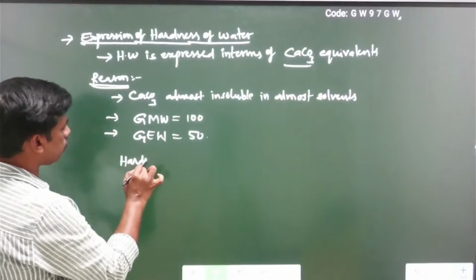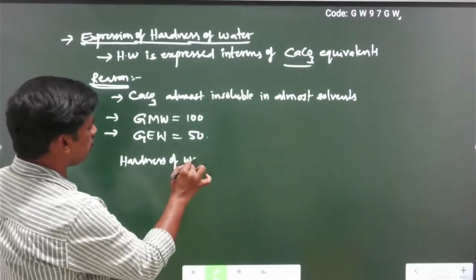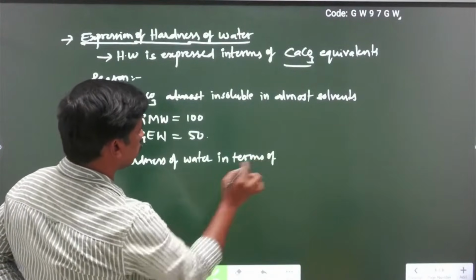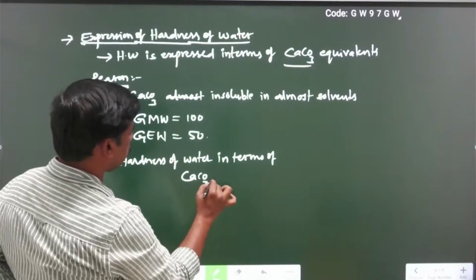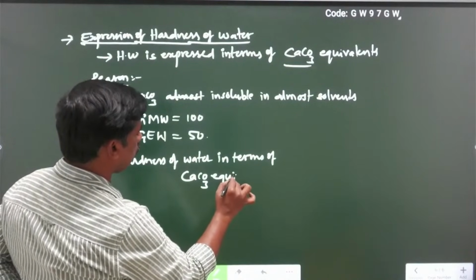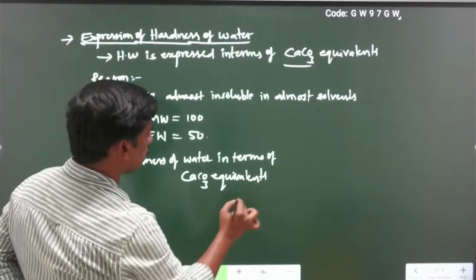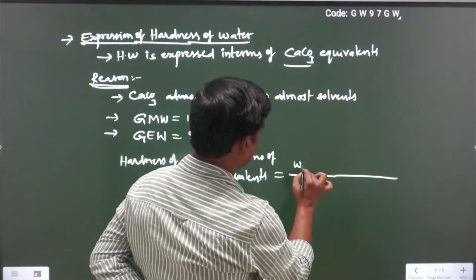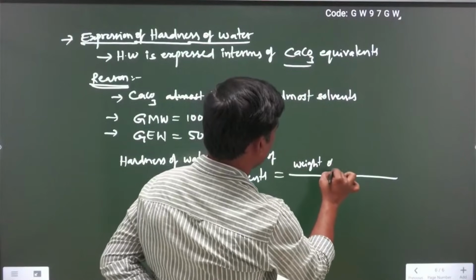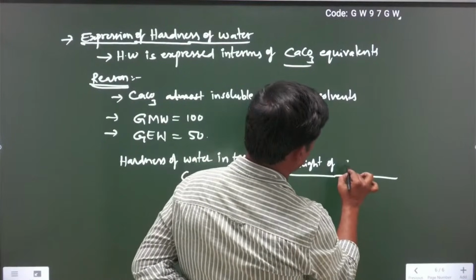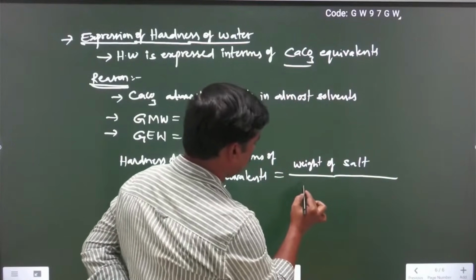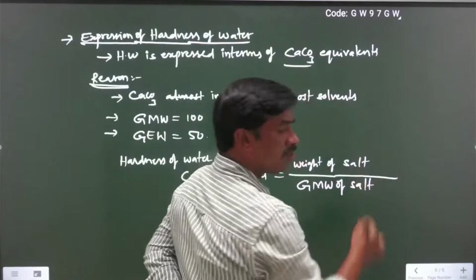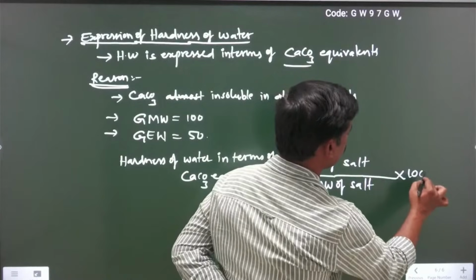Hardness of water in terms of CaCO3 equivalence is equal to weight of salt divided by GMW of salt, into 100.